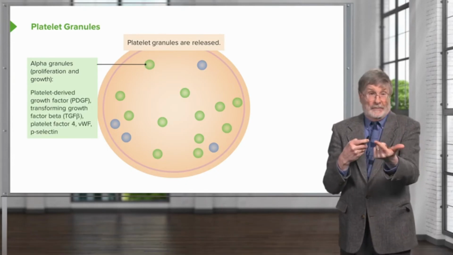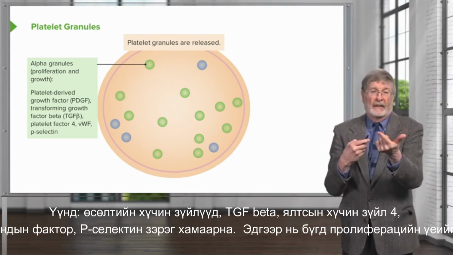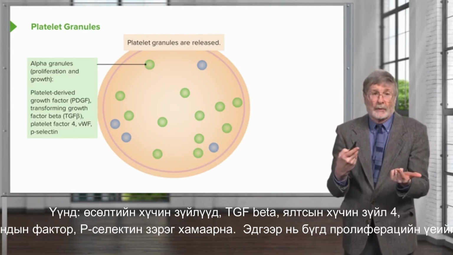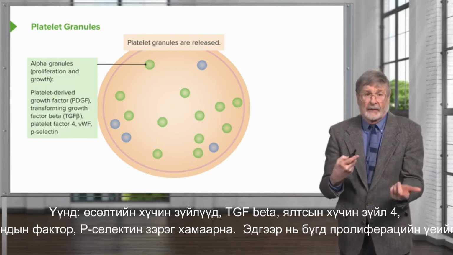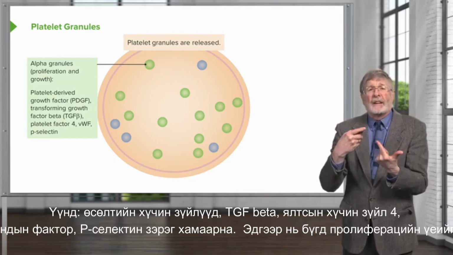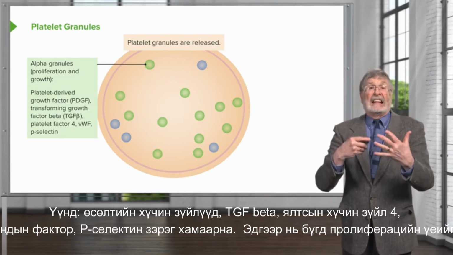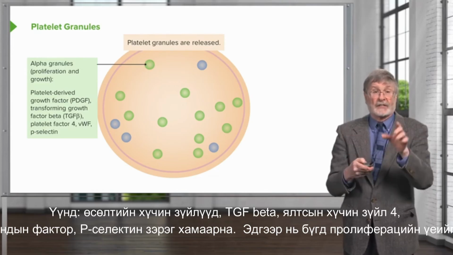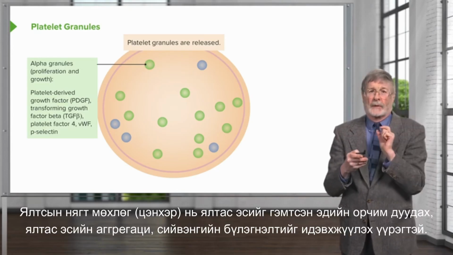And this includes something aptly titled the platelet-derived growth factor, but there's also transforming growth factor beta, platelet factor 4, von Willebrand factor, p-selectin. All of these are involved in the early healing process and in the regeneration process. So those are the green granules or the alpha granules.